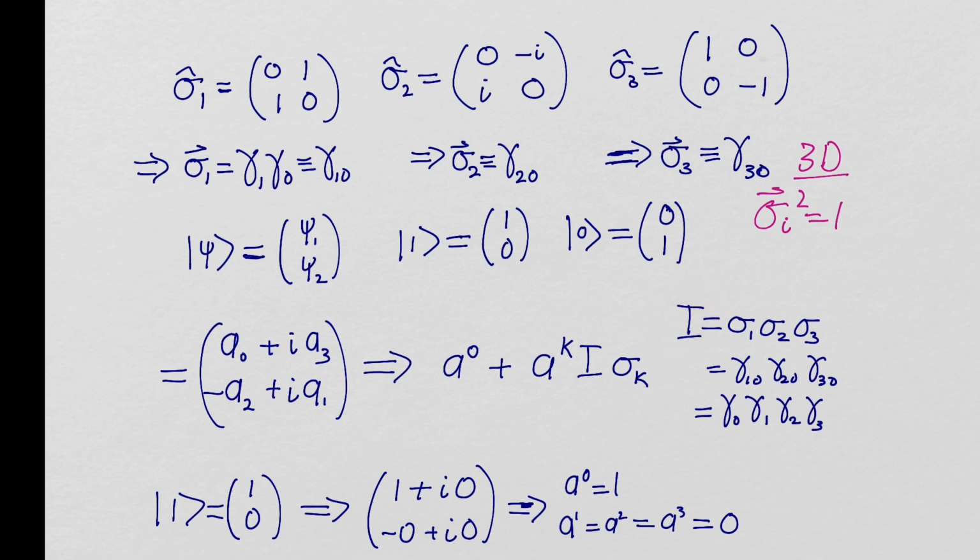An important point to understand is the pseudoscalar is the same as sigma 1, sigma 2, sigma 3. If you work this out and you calculate all these gamma matrices together, these zeros all go away except for 1, and you end up with the same pseudoscalar as in the space-time algebra. So that's kind of interesting. A convenient thing to remember is that the pseudoscalar commutes with space-time bivectors, which means it commutes with relative vectors.